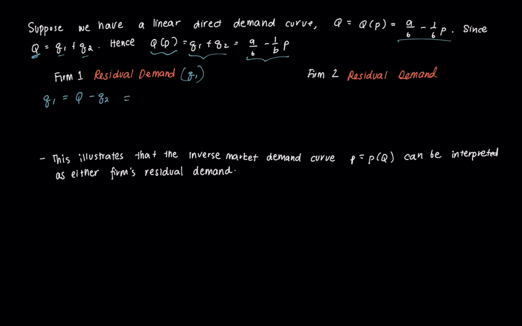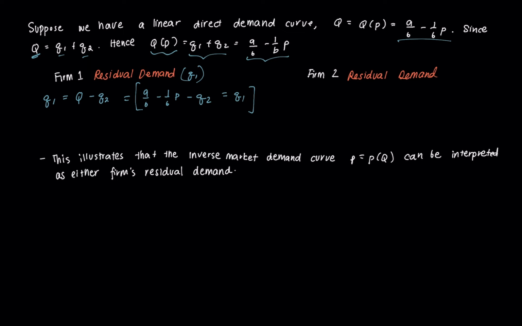But we know that capital Q is A over B minus 1 over B times P, minus Q2, and this is going to be equal to Q1. That's the term we've been dealing with.